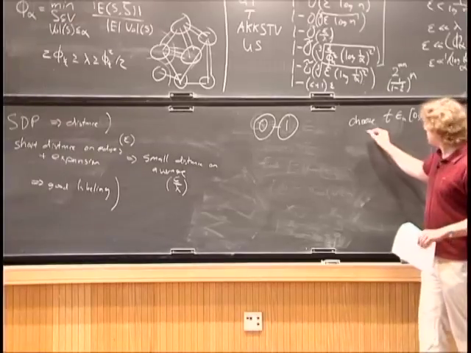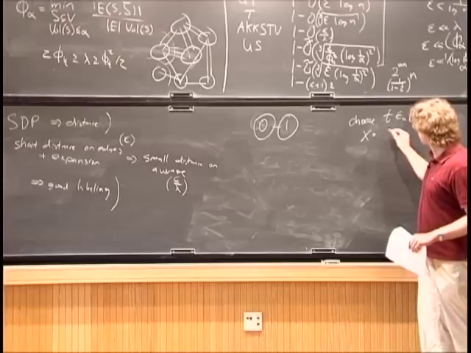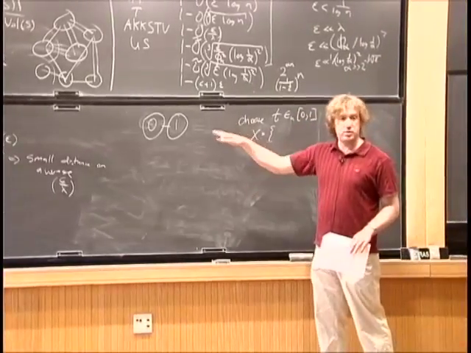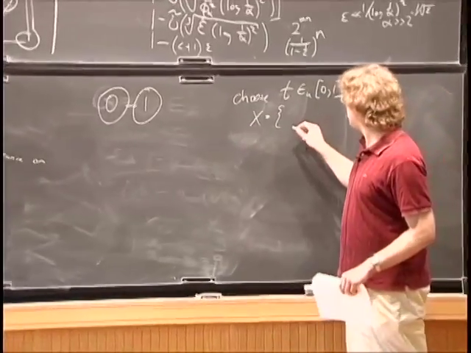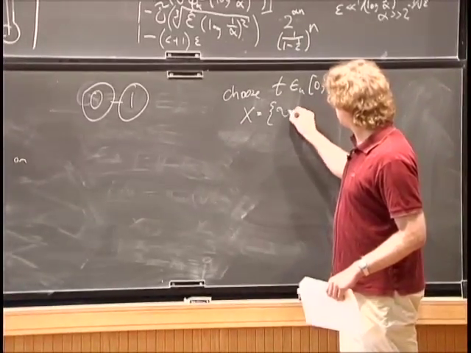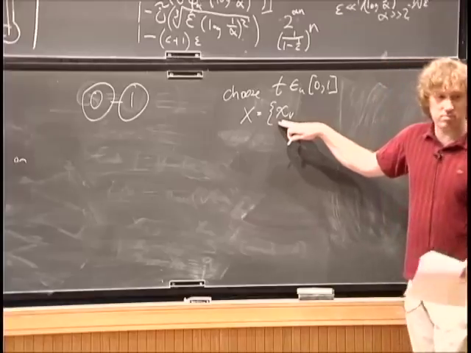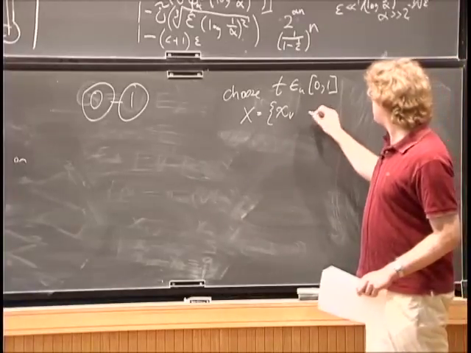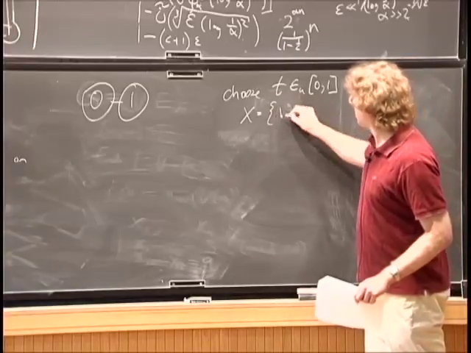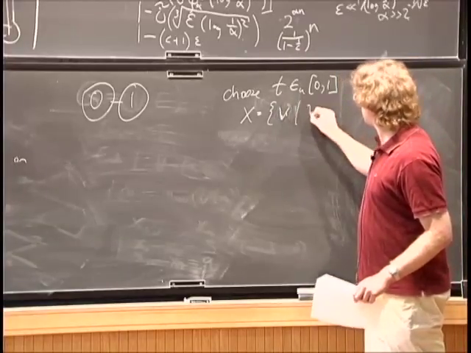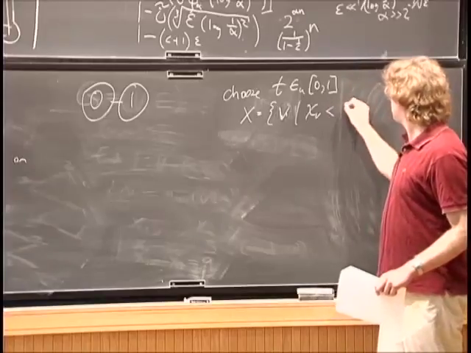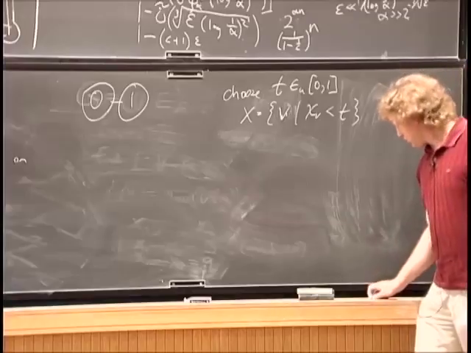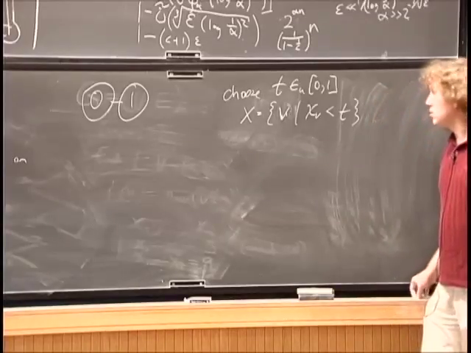Then we'll say that the set X is all the vertices whose label is less than t. So we'll say xv is the label on vertex v, the set of v such that xv is less than t. Sorry, what is X? You're assuming you have a one-dimensional embedding of the vertices. Right.